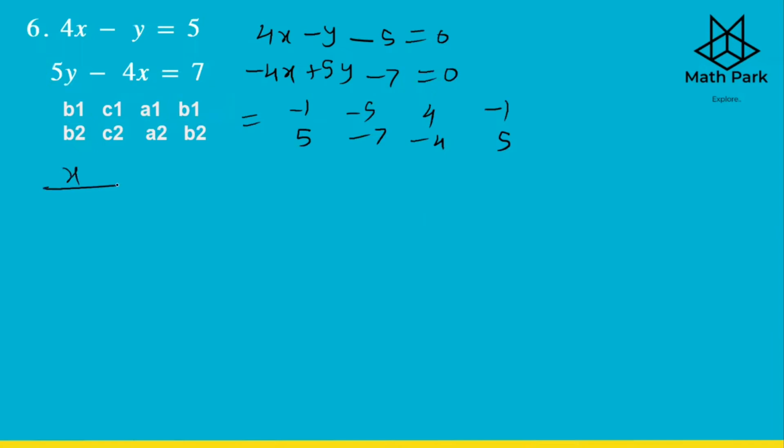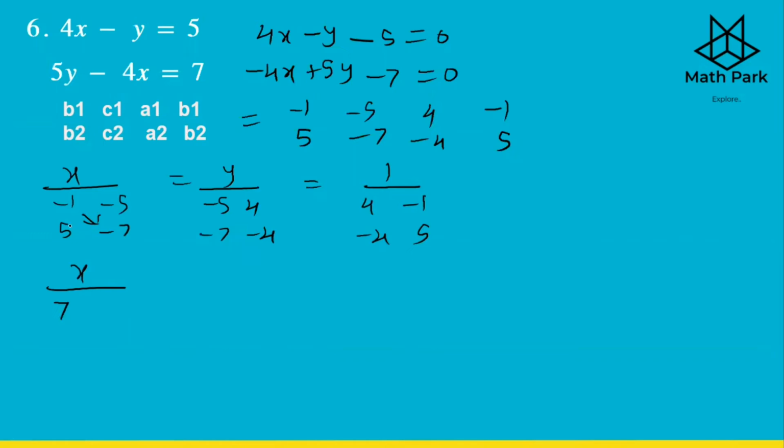So we have x upon, we take the first one, we have minus 1, 5, minus 5, minus 7, is equal to y upon minus 5, 4, minus 7, minus 4, is equal to 1 upon 4, minus 1, minus 4 and 5. Cross multiplication. So we have x upon minus 1 into minus 7 is positive 7 and 5 into minus 5 is minus 25.